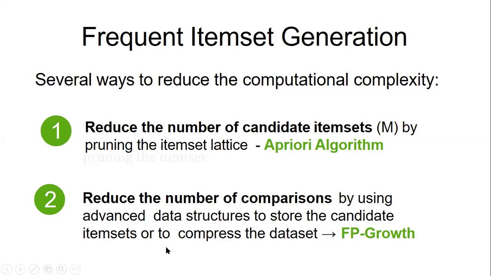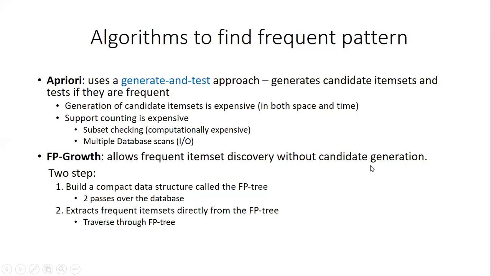Every time we used to scan the database. That comparison can be reduced using another algorithm called FP growth, by using a data structure called a tree, which compresses the data set. We'll see with an example.